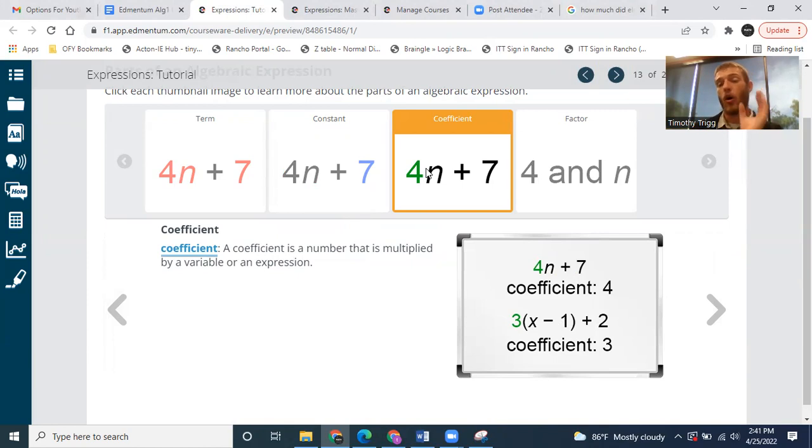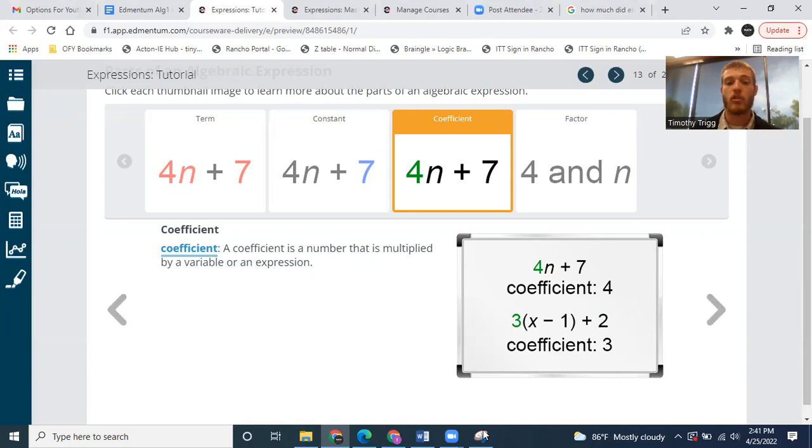And you're going to see this all the time: a number right up against a letter. What that means is the number is multiplied by that variable. So this means 4 times n. Whenever we see things just kind of smashed together, that means they're multiplied.